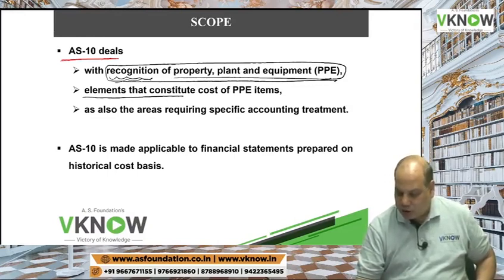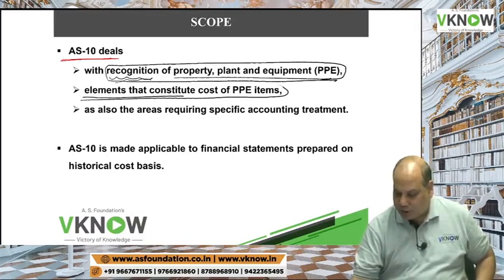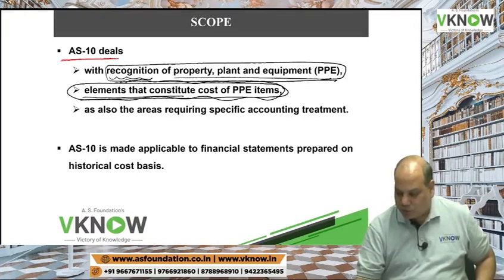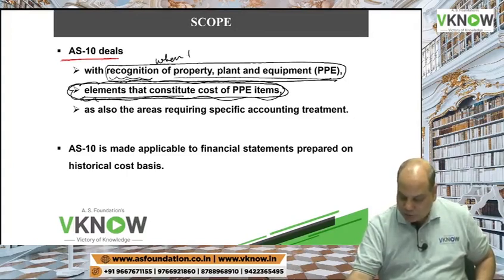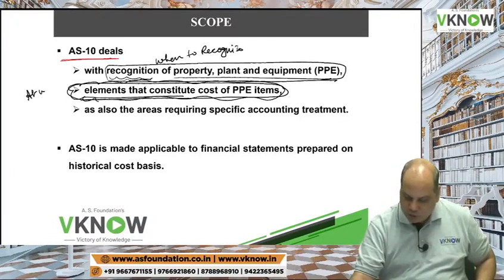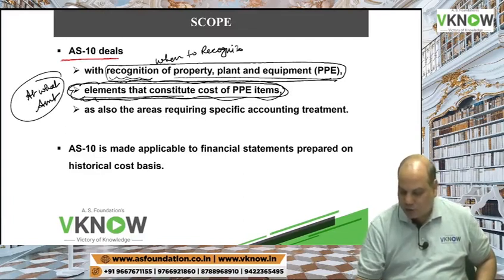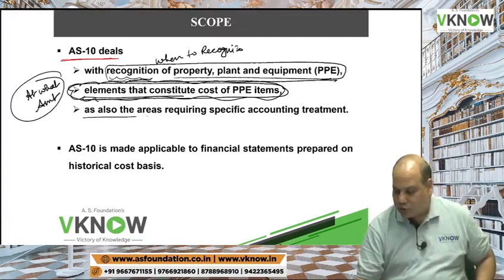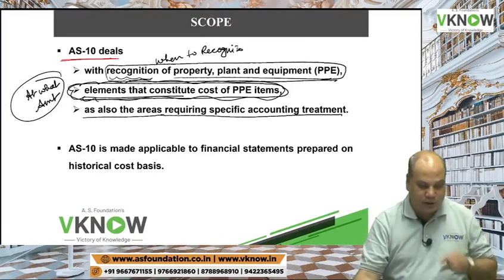Most importantly, on which we are going to spend a lot of time, how to calculate the cost of property, plant and equipment, when to recognize, at what amount we should recognize, and also deal with areas requiring specific accounting treatment.